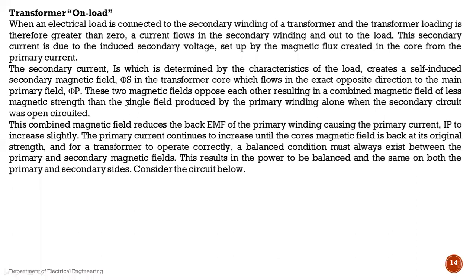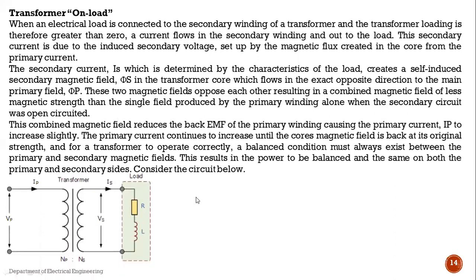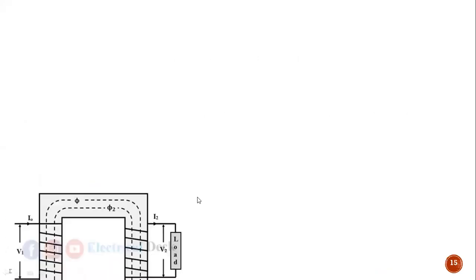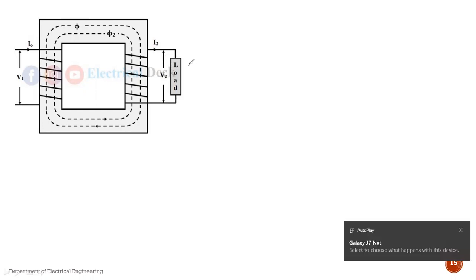Okay, now see, I will explain this one by taking one figure, or diagram. See here. Okay, see here, when the transformer is on load condition, ज्यावेळेस transformer load condition ला असेल, that means some load is connected on the secondary side.